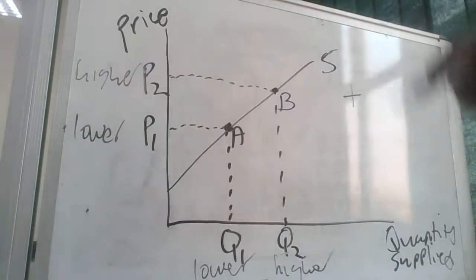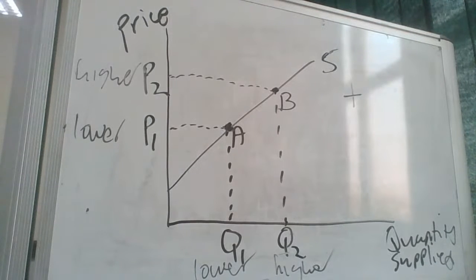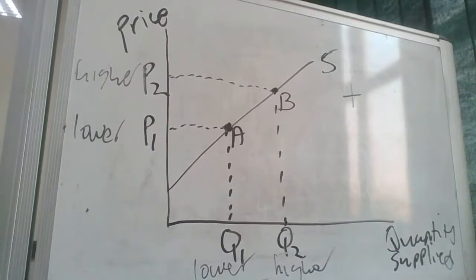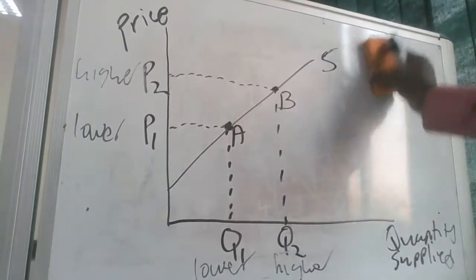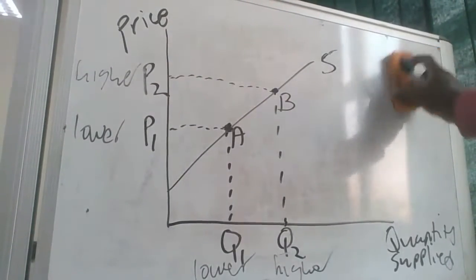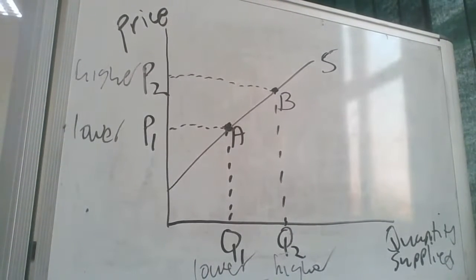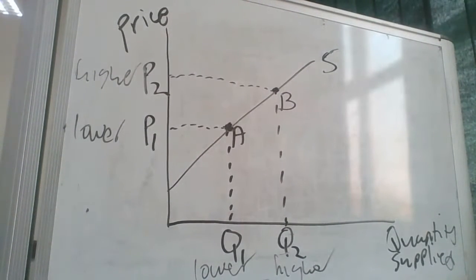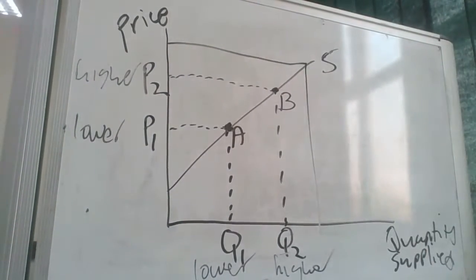And this brings us to the law of supply, that if we hold all other factors constant, the higher the price, the higher the quantity supplied. This is because with a higher price, producers will be more motivated to produce more units because they know should they sell all the units, they will make a lot of profit. As such, when they see a price going up, they will look at the market and see how many units they will bring on the market.